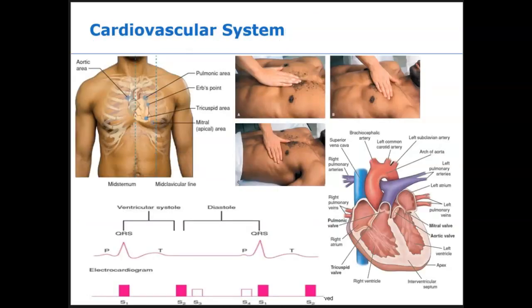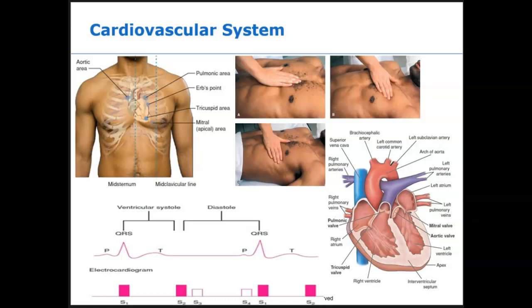Top left figure represents the precordium with the traditional cardiac landmarks and areas to auscultate. Top right figure represents the area to palpate over the precordium, with A being the aortic area, B being the pulmonic area, and C being the apical or mitral and tricuspid valve area.